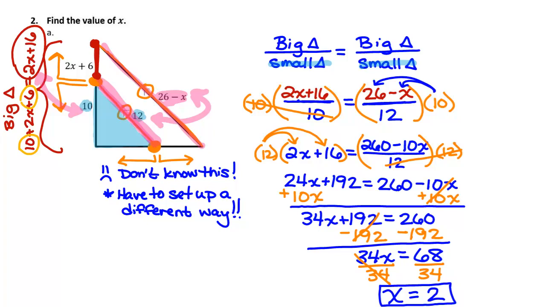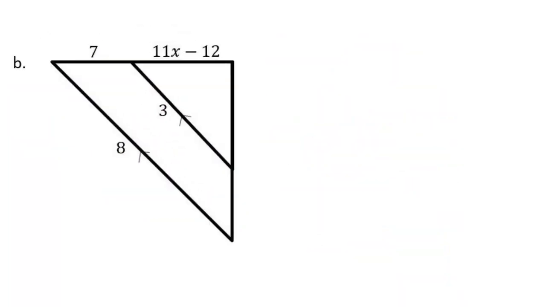All right. Let's flip the page over and look at number 2, part B. And we're going to decide which way we can set this problem up. All right, I got my parallel lines again. Parallel line here, parallel line here. Look at that center parallel line.